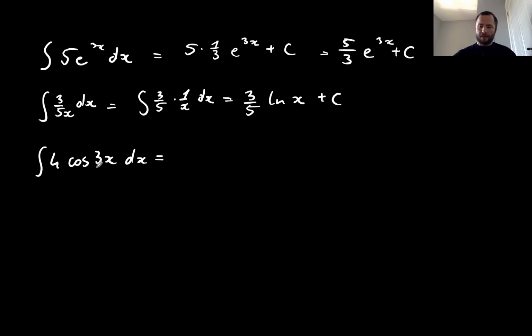So to get to the end of this integration, I'm going to get 4 multiplied by 1 over the coefficient in front of the variable, which is equal to 3. 4 times 1 over 3, and then we're turning cos into sine. Sine 3x plus c, and simplifying that equals 4 over 3 sine 3x plus c.